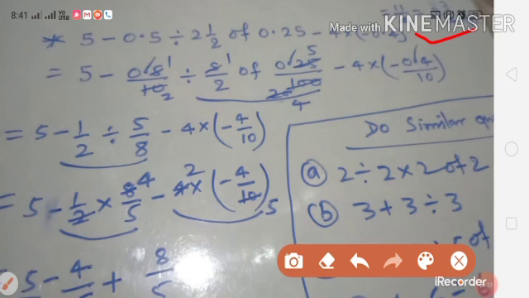So first of all, you have to cancel the point. You know the function of cancelling the point: we have to put 0 in the denominator after 1. Here also the mixed fraction is changed into improper fraction.